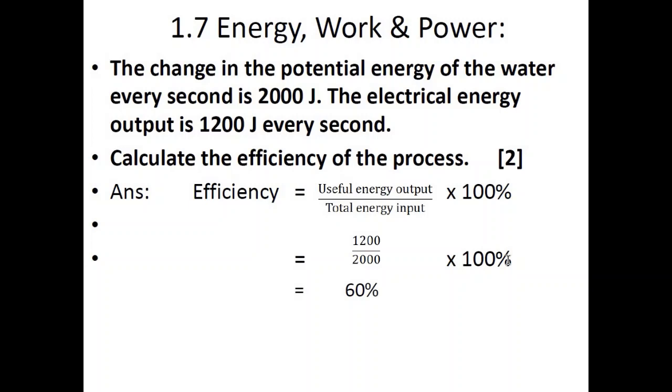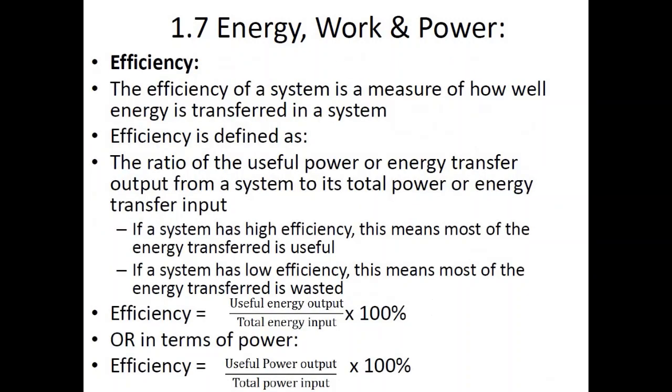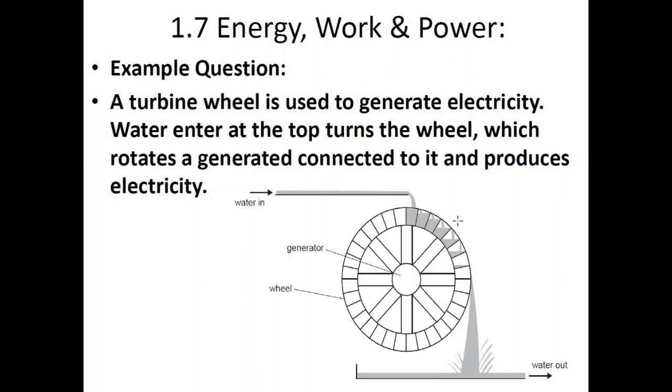Calculate the efficiency. Now you know the formula: output divided by total input into 100. Input is 2000 joules, output is 1200 joules, so 1200 divided by 2000 into 100% would give us 60%. That means this system is only 60% efficient. It is wasting 40% of power to the environment.